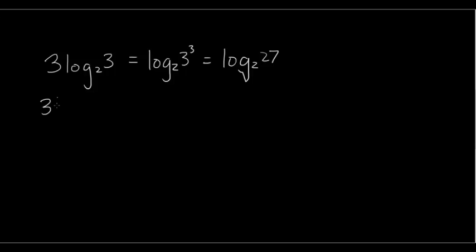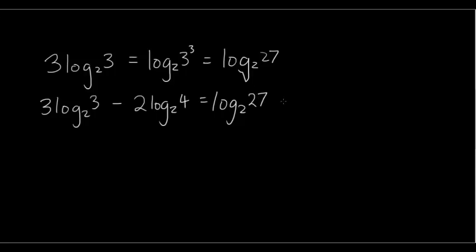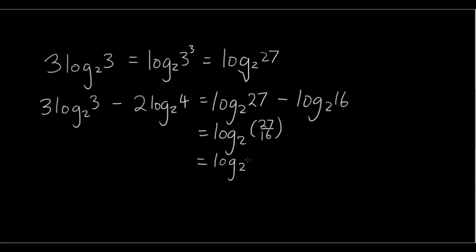Okay, so if we had something like 3 log base 2 of 3 minus 2 log base 2 of 4, so that becomes log base 2 of 27 minus log base 2 of 4 to the power of 2, which is 16, and that becomes log base 2 of 27 over 16, and 27 over 16, you can't really simplify that into a whole number, but you can write it as a decimal, 1.6875 if you wish.